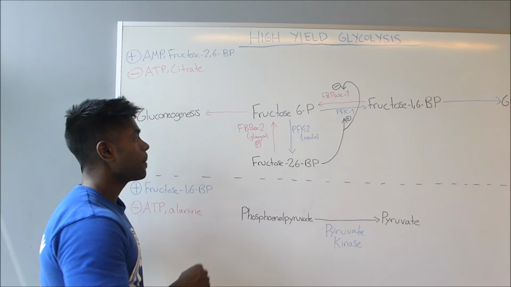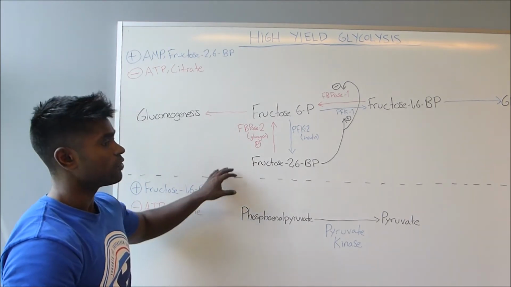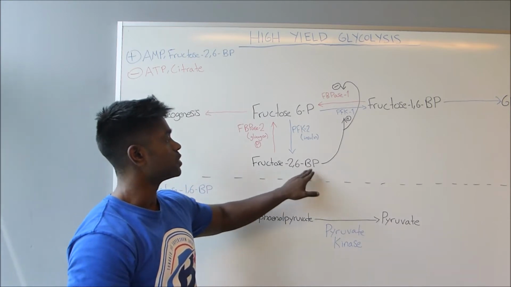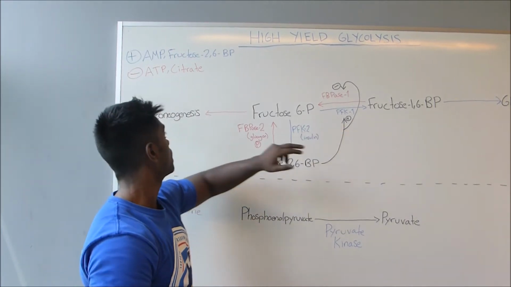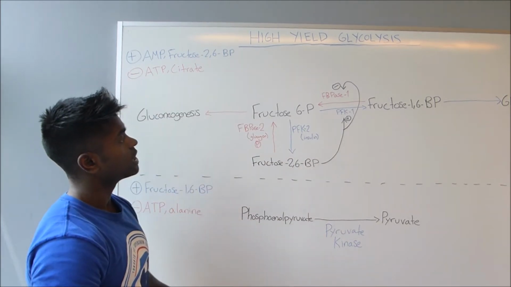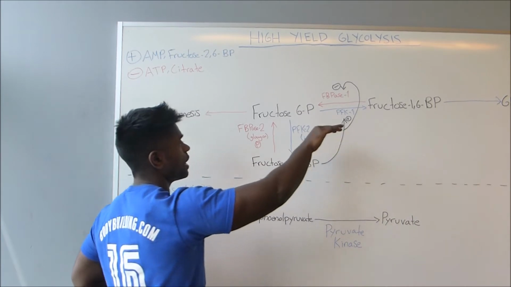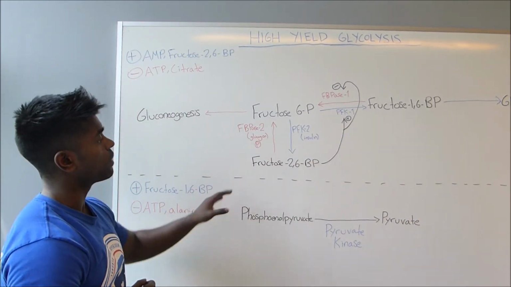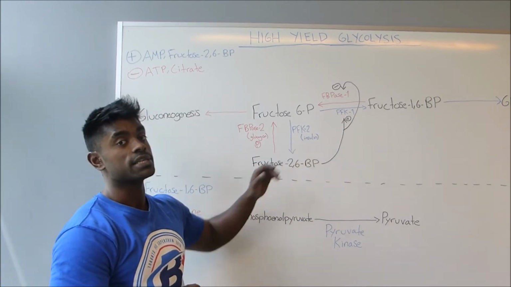As a result, there's going to be an increase in fructose 2,6-bisphosphate. Now, if we follow the path, we see that fructose 2,6-bisphosphate stimulates PFK1, as we've also seen right here, so this pathway towards glycolysis is going to be favored when there are high levels of this molecule, due to the increase in insulin.